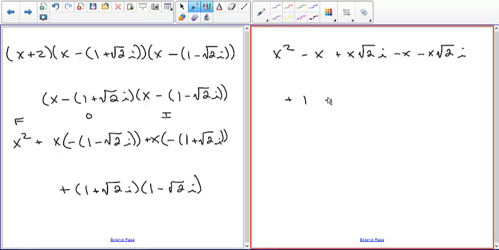So the inner part of that multiplication goes to 0. And then the last part is you have the square root of 2, and we got a negative sign here. So this is negative because positive times negative is negative. Square root of 2 times square root of 2, and then i times i squared. Okay, you see those cancel out. This is plus x square root of 2i, this is minus x square root of 2i.